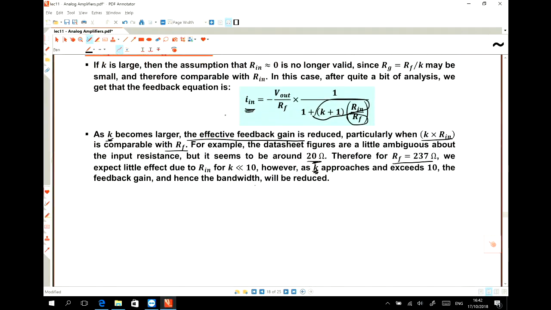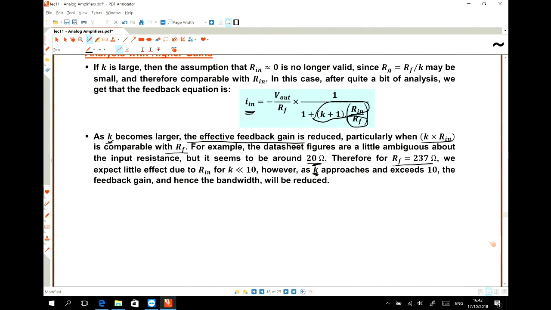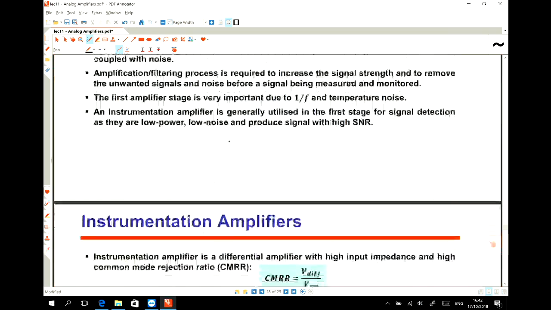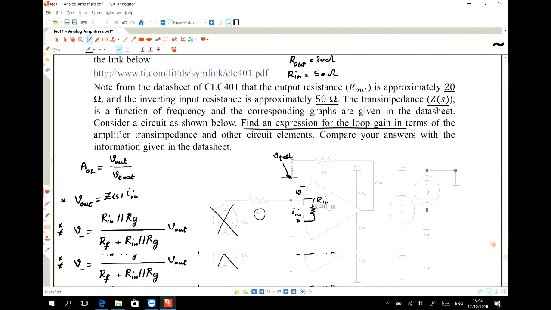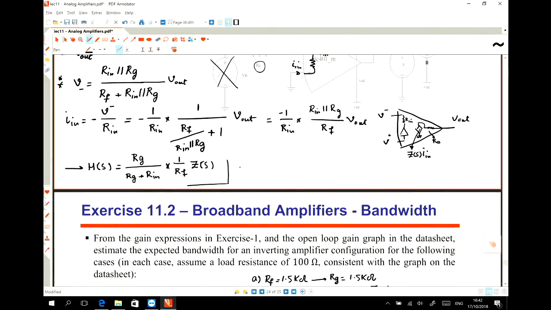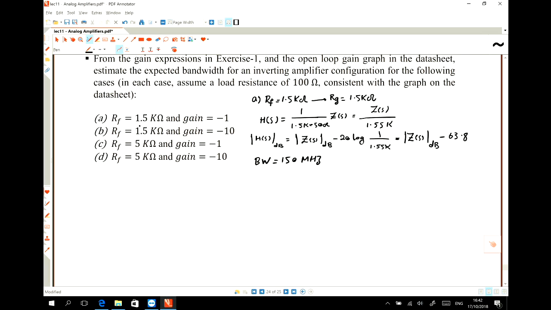When we are going to higher gain, if this Rin is not negligible, and sometimes it could be, because if the value of RF decreases, then the gain bandwidth changes. With RF equal to 1.5k and gain of -1, we get this bandwidth. But if we change this RF, for example, to 1k and the gain is still -1, then the bandwidth is changing.